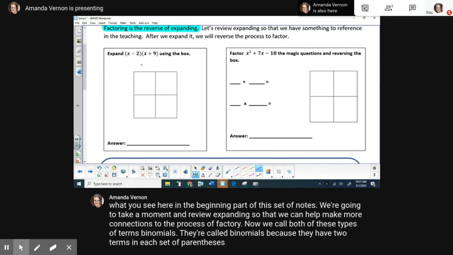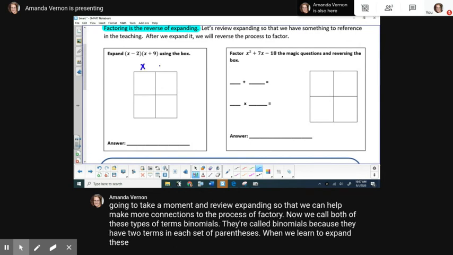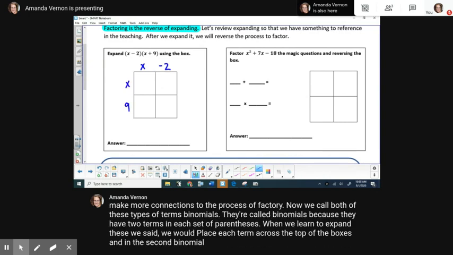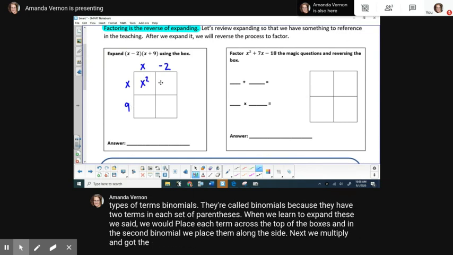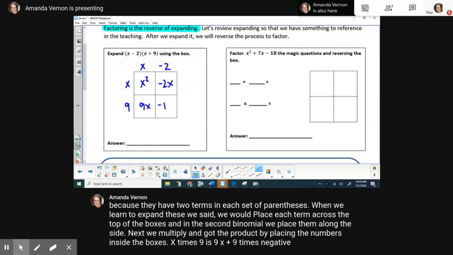When we learned to expand these, we said we would place each term across the top of the boxes, and in the second binomial, we'd place them along the side. Next, we multiplied and got the product by placing the numbers inside the boxes. X times 9 is 9x, and 9 times negative 2 is negative 18.